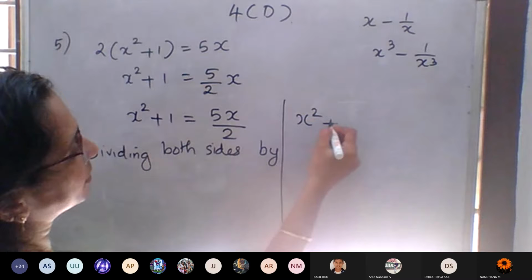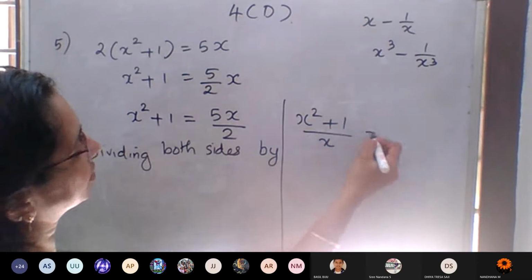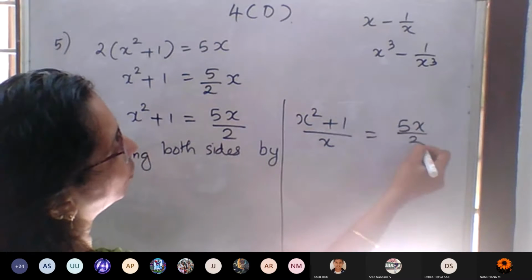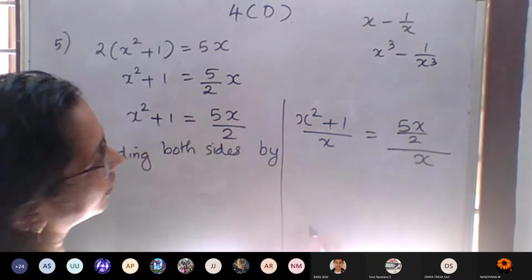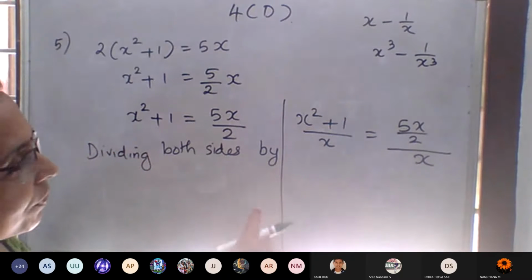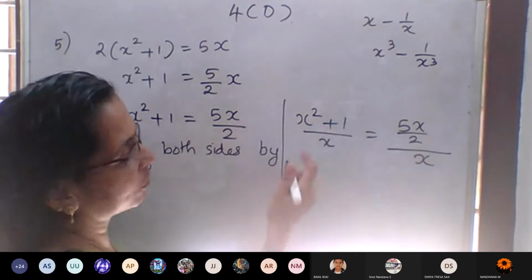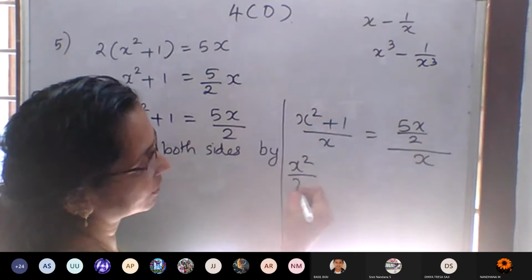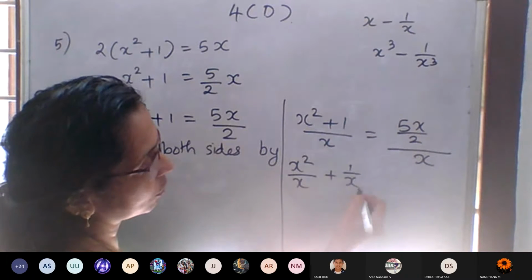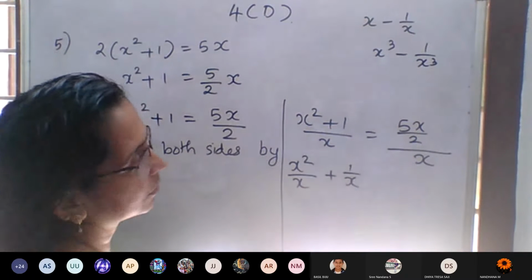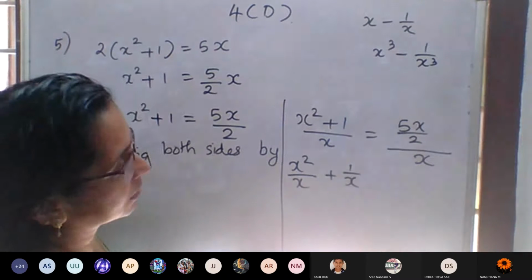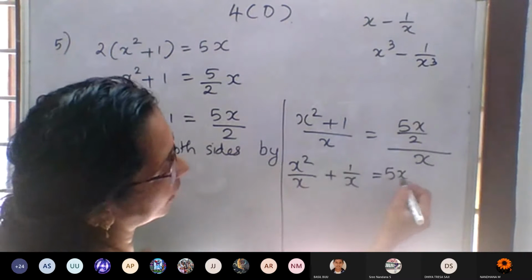X square plus 1 divided by x is equal to 5x by 2 divided by x. That means what? X square, x is common for x square and also for 1. Is equal to 5x by 2.